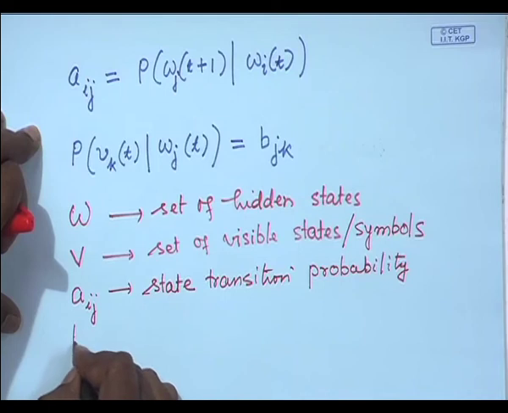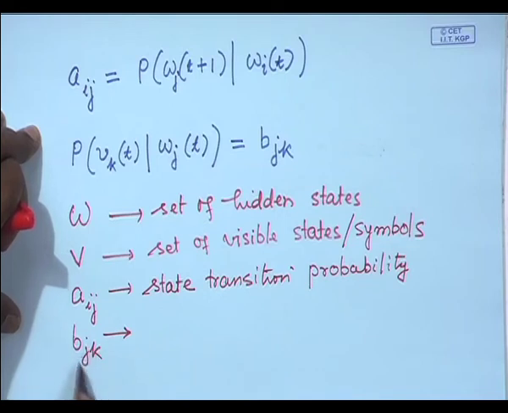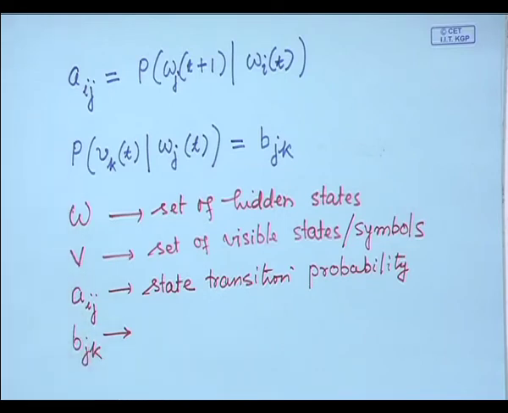And I have to have b j k, which I can also term as a state transition probability, because both omega and V we are terming as states. Omega is the set of hidden states and V is the set of visible states.